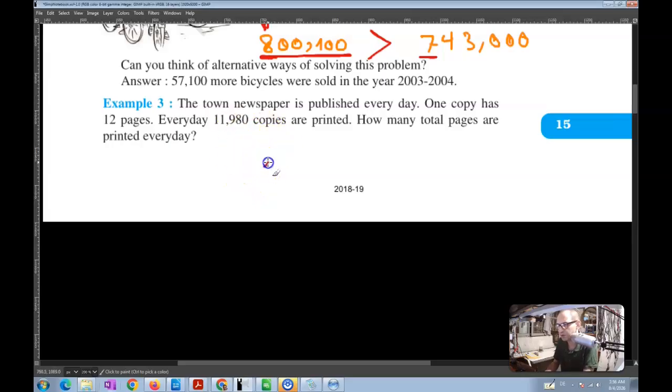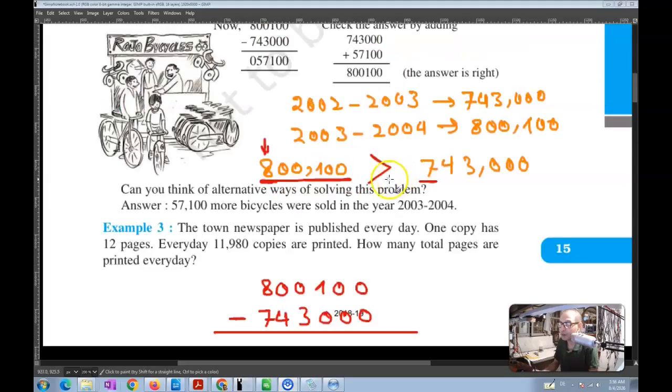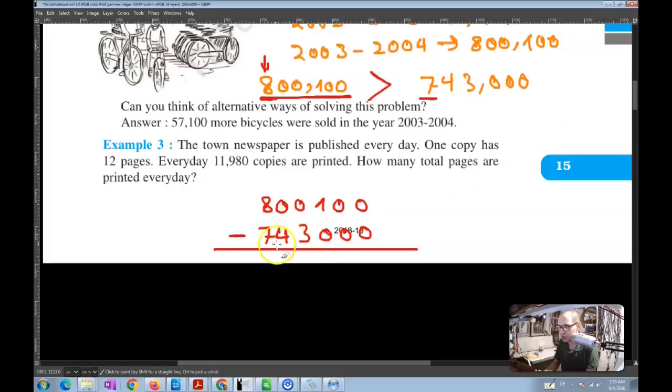So we have 800,100, and 743,000, and you want to subtract.